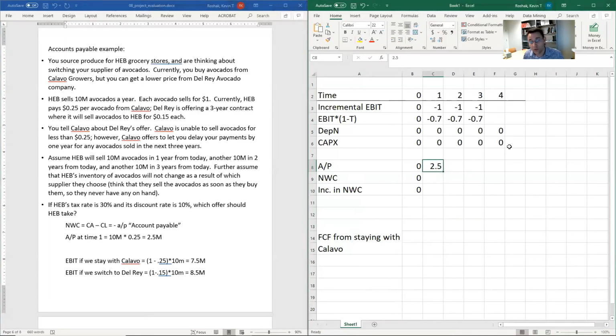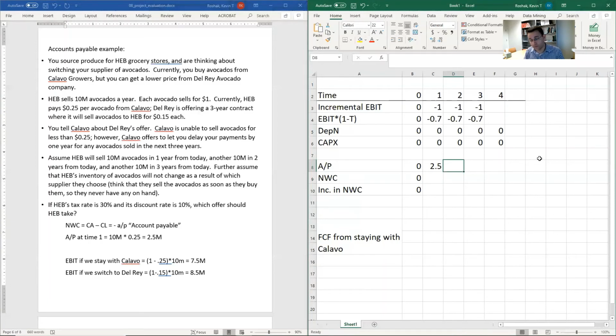What happens at time 2 and time 3? Well, at time 2, we have to pay Calavo this 2.5 that we owed them at time 1. Okay. However, we sold another 10 million avocados at time 2, and we owe Calavo 2.5 million on those.